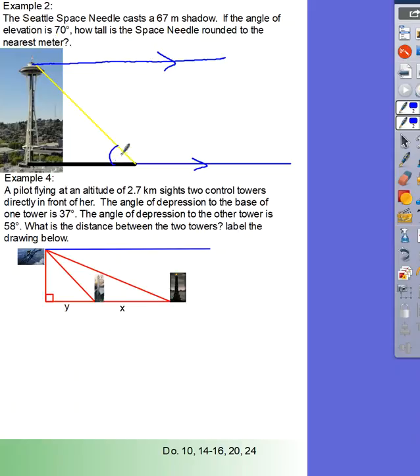Okay, so that means this here is 70, which means this is also 70, and this is 20, because 20 plus 70 is 90. And we know that this shadow has a length of 67 meters. We're trying to find the height of the Space Needle.